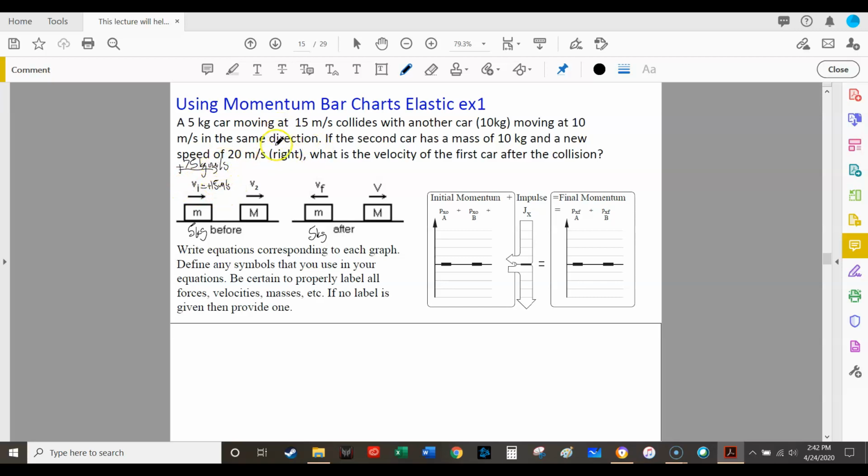Now, this 10 kilogram car, which is the capital M, and over here, I'm going to give this a small m, and this is a capital M, small m, capital M. Well, this capital M car, before the collision, it says if the second car has a mass and a new speed to the right of 20.